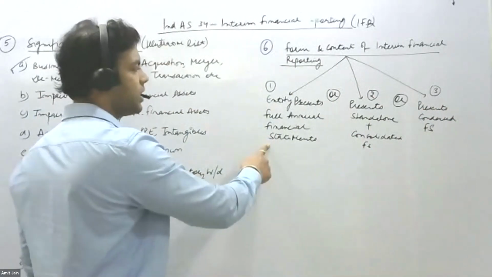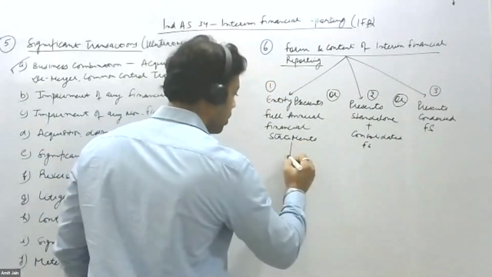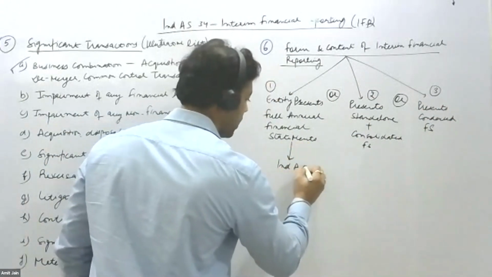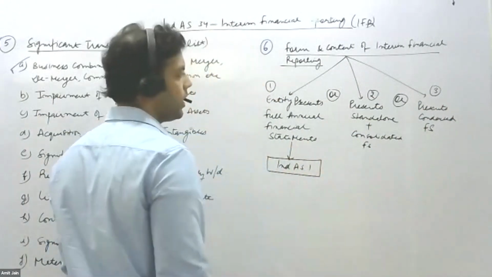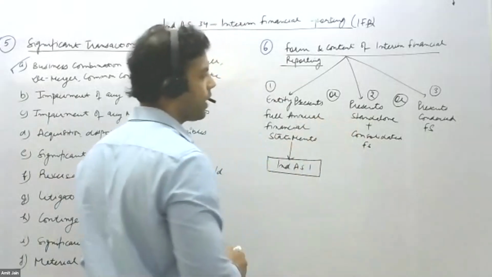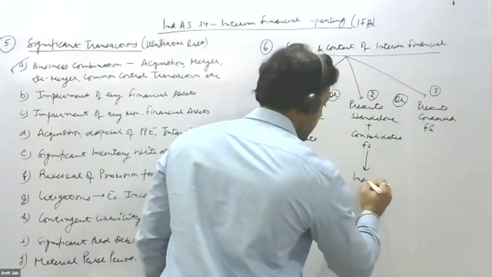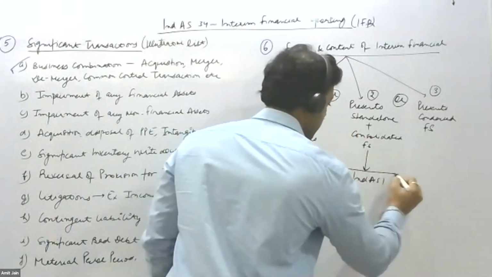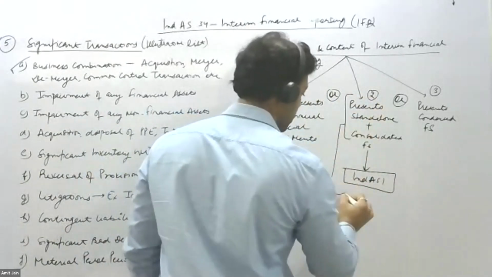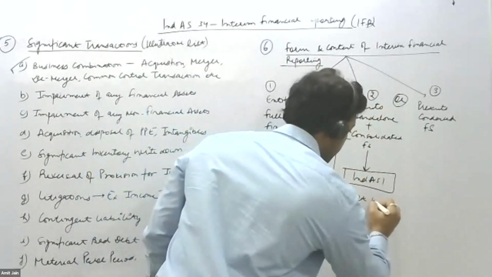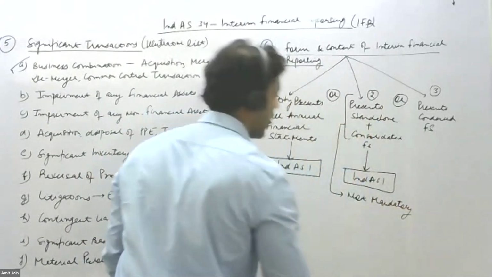If the company presents the annual financial statements in case of interim financial reporting, then the company has to follow the requirement of Ind AS 1. Right? If the company presents the standalone and the consolidated financial statements in the interim financial period, then again the company has to follow Ind AS 1 criteria. This is not mandatory actually, not required actually, right?